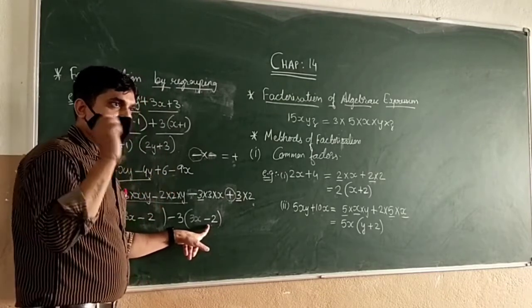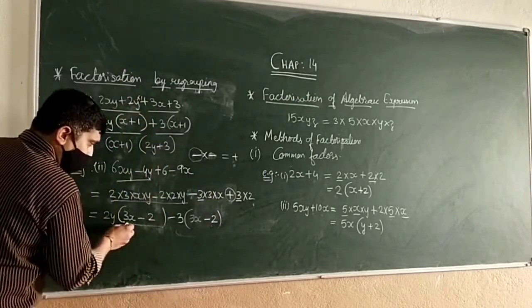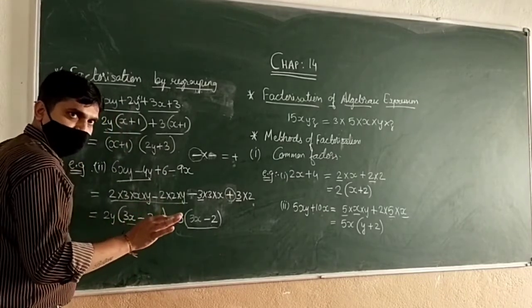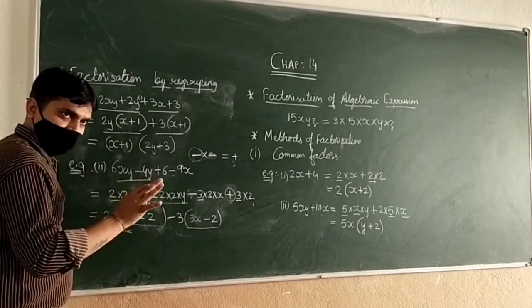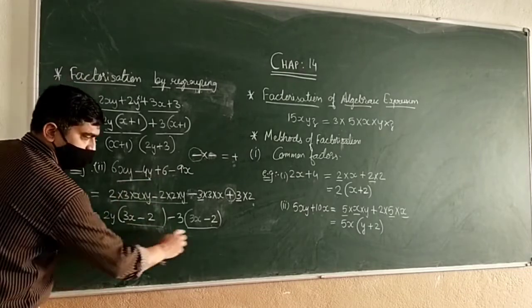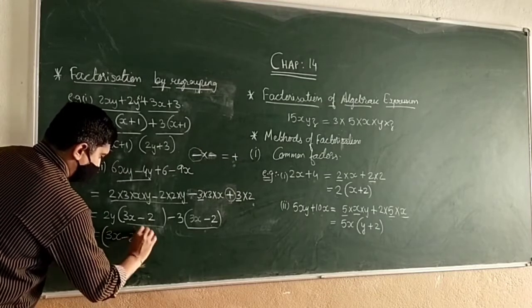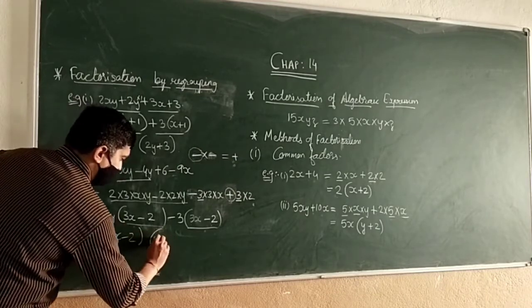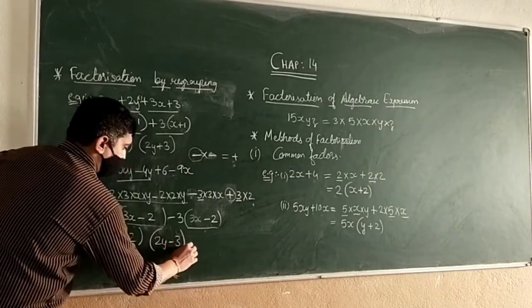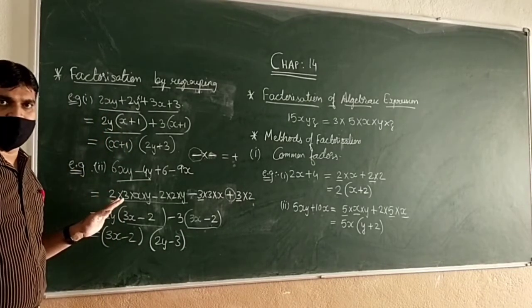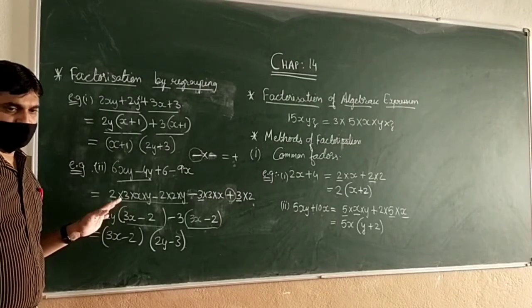And keep in mind, these two brackets must be the same. If they are not the same, then your answer is wrong. Right? Common 3x minus 2 into bracket 2y minus 3. Clear? Clear how to do factorization by regrouping?